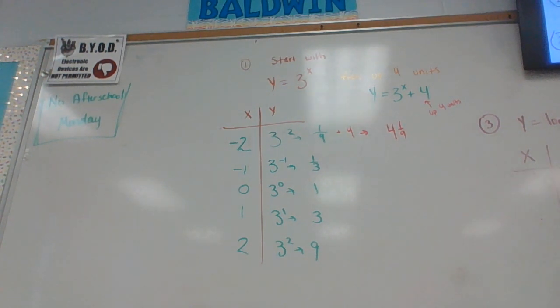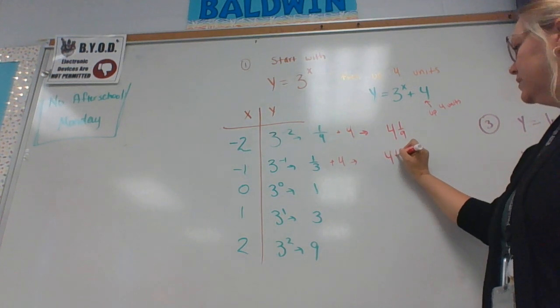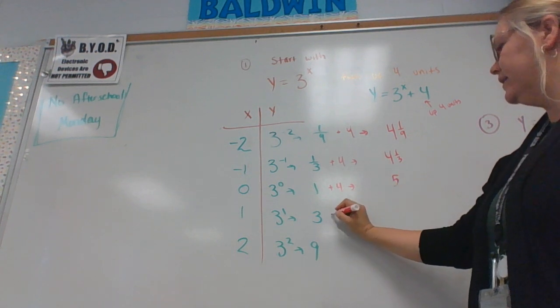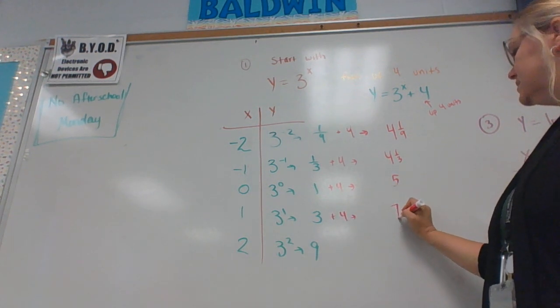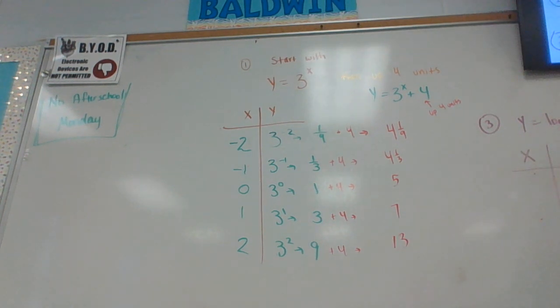I'm going to write it 4 and 1/9. I don't normally do that. I like improper fractions better, but here it makes more sense. So if I add 4 here to make it up 4 units, that's 4 and 1/3, 5, 7, and 13. So that's our first graph.